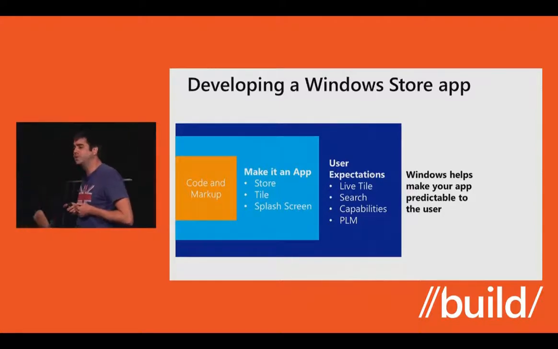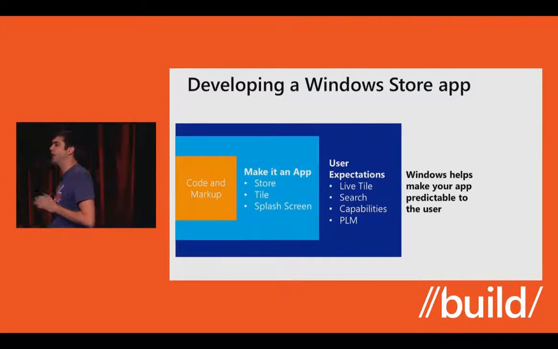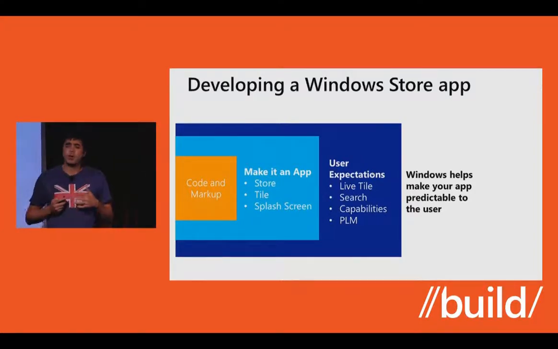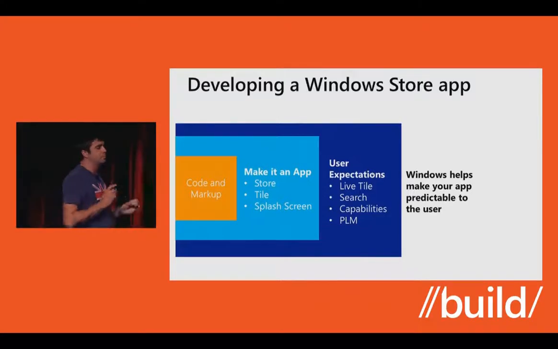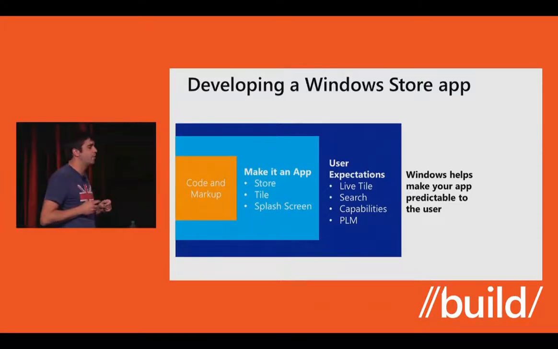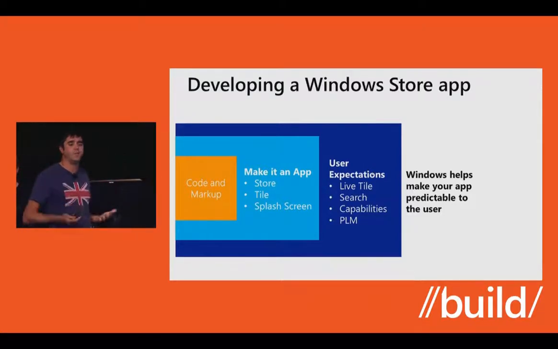And it's really hard to make money if someone's afraid to even try your app. If the user has to make a value judgment about whether they're willing to install your app and whether they think it might be trustworthy, then we've already failed. And so we wanted to make sure that the apps were completely trustworthy for users so that they could just try them out and use them, and if they don't like it, they can uninstall it and feel safe and feel confident that their system will be okay.